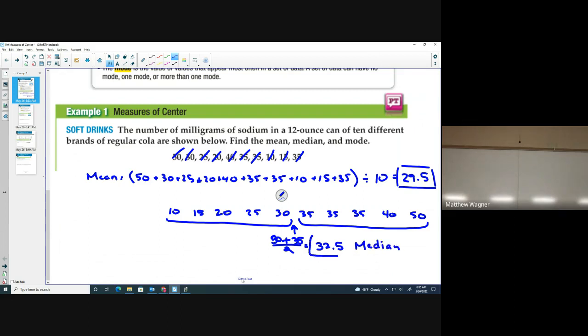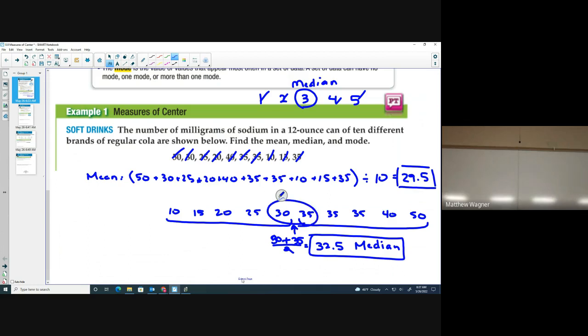With an odd number of entries, it's just going to be whatever that middle entry is. So for example, if we had 1, 2, 3, 4, 5, the middle entry would be our median. If there's an even number of entries, we're going to take the average of the middle two to get our median.